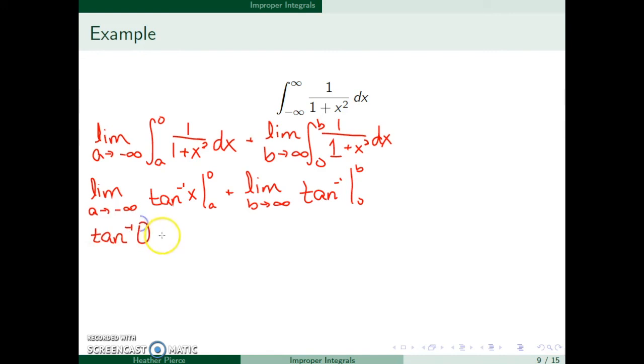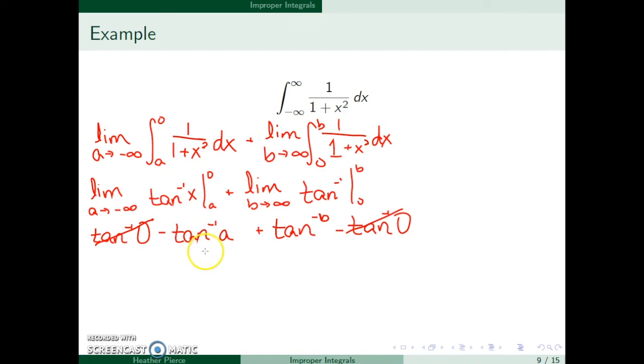Tangent inverse of 0 minus tangent inverse of a plus tangent inverse of b minus tangent inverse of 0. And you can see that this tangent inverse of 0 has a plus and a minus and it cancels. And this is why it doesn't matter where we break this integral, because it's going to cancel either way.